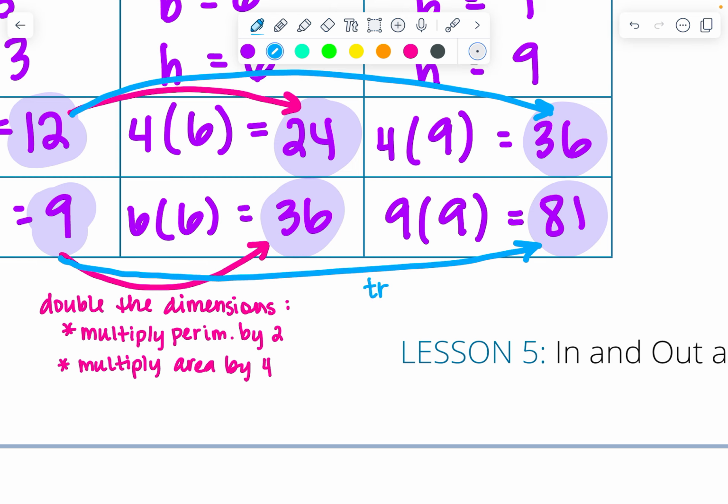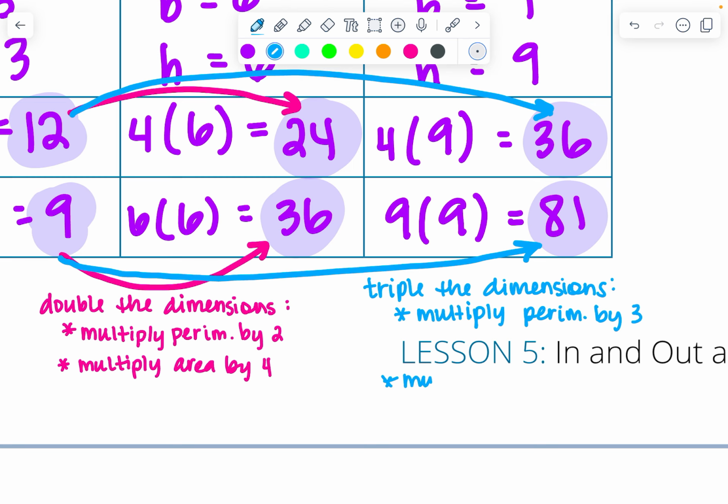So if you triple the dimensions, you're going to multiply the perimeter by 3 as well. So you're going to triple the perimeter, and then you're going to multiply the area by 9.